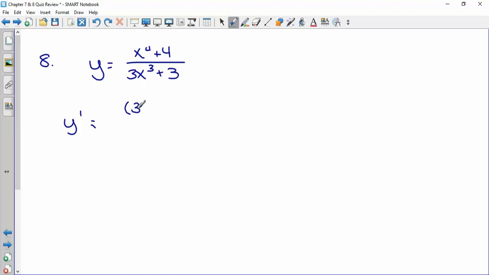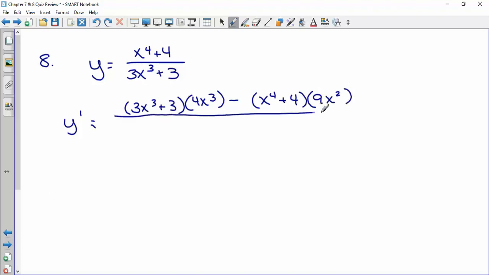So, low, that's the bottom. D high, derivative at the top would be minus high, so the top. D low, derivative of the bottom, over low squared.